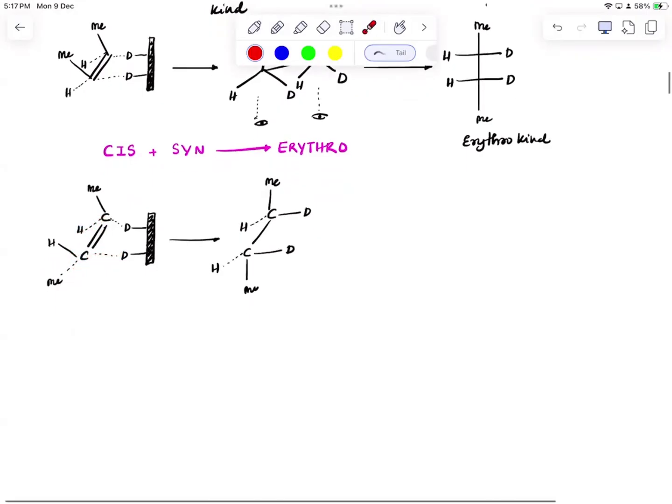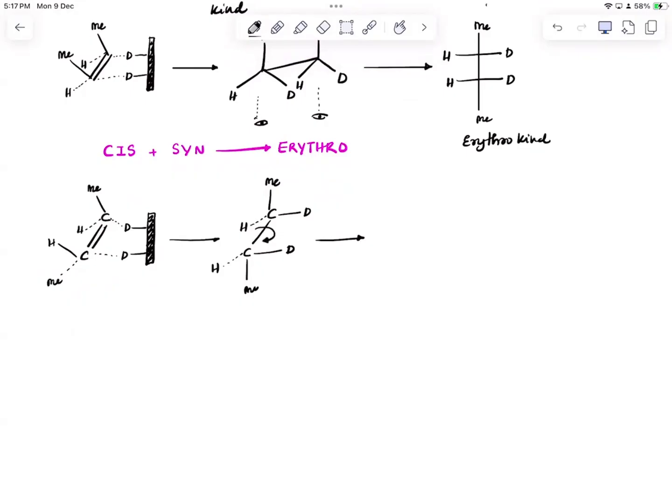Now for that, if I rotate it here, imagine on this bond I am rotating it by 180 degrees. So if I rotate it by 180 degrees, what do I get? Carbon, I will have methyl, hydrogen, and deuterium here bonded to carbon, and as you rotate it by 90 degrees, you will get this as deuterium and hydrogen here and methyl on the top, correct?